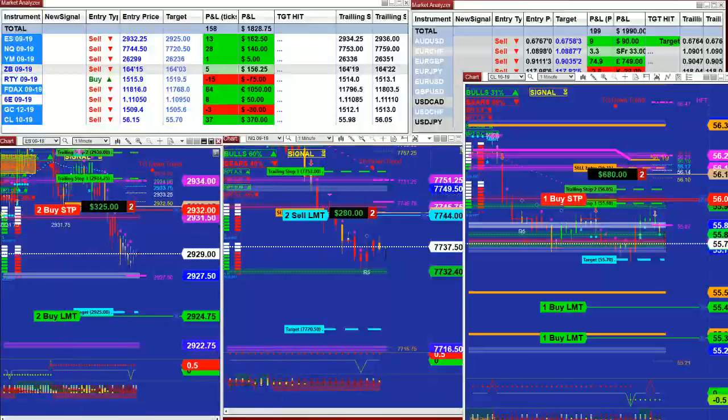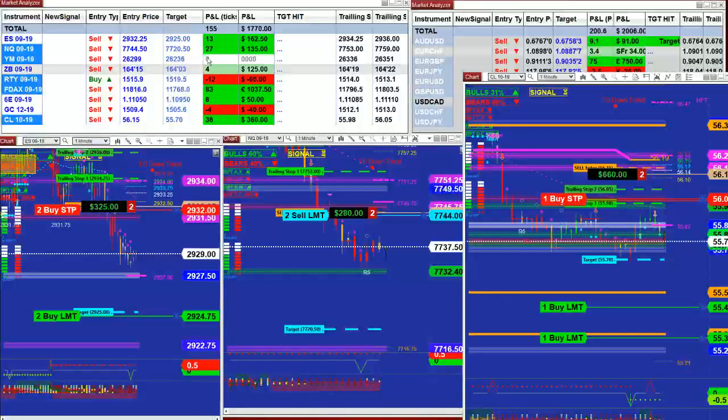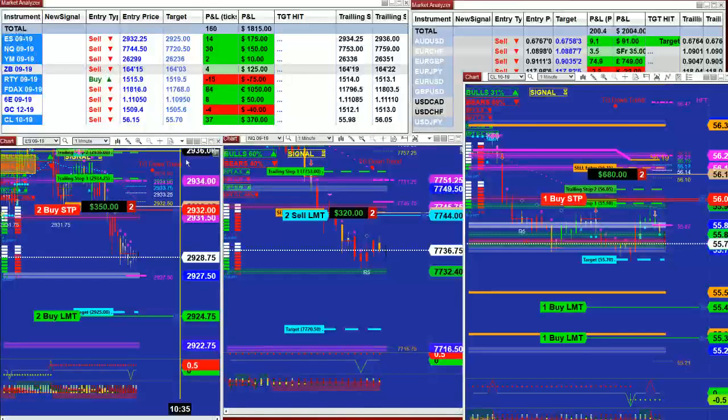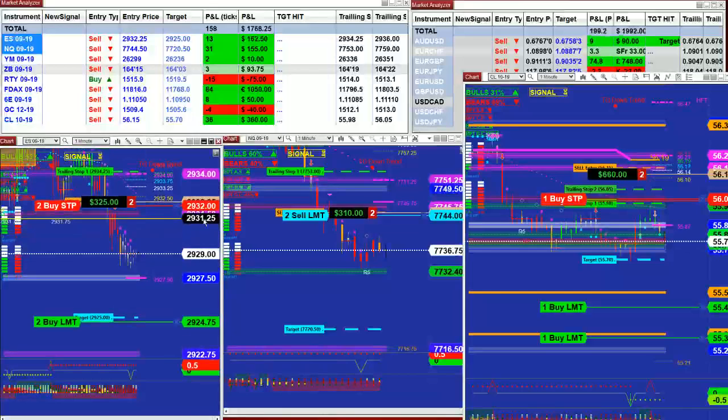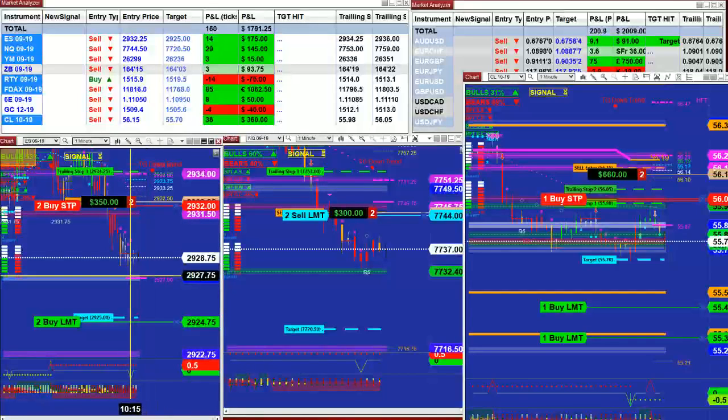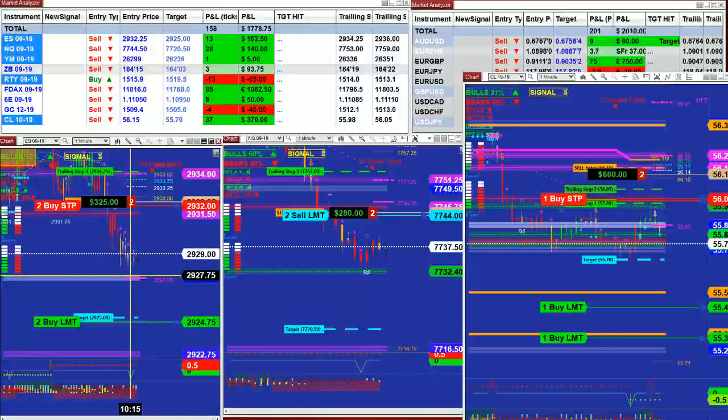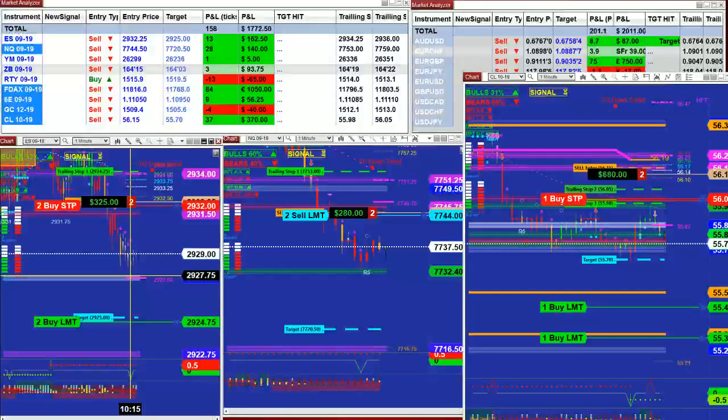Where we are on the YM, hold on, sir. The YM is just starting to get flat. So we were expecting this ES at least to touch the 27.75, and it did not.